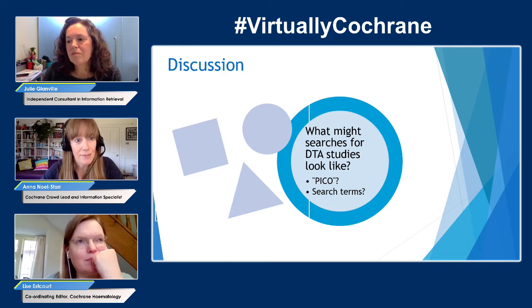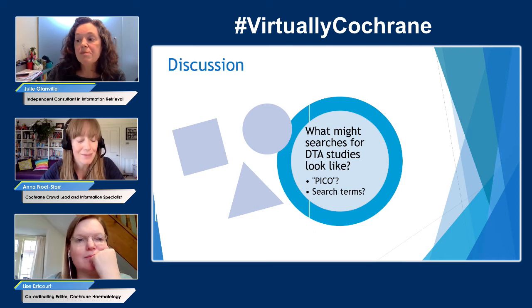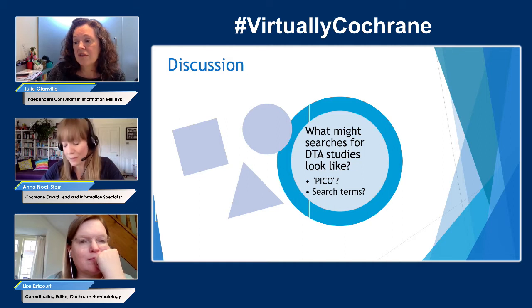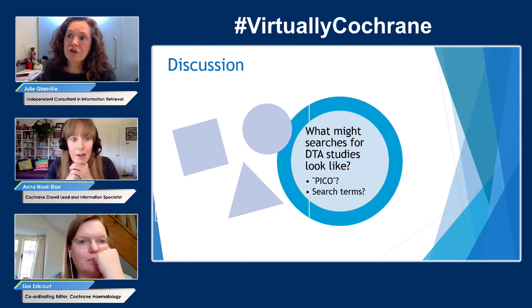Yeah, there's a question about search filters here. Saying, would it be sufficient to use the population and filter by study design? And as you're already saying, Anna, I think that's probably one approach, but not the only approach.